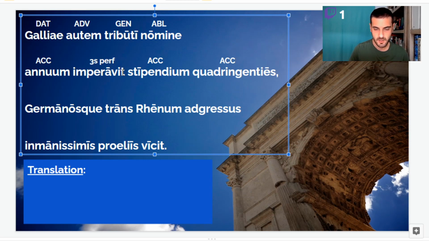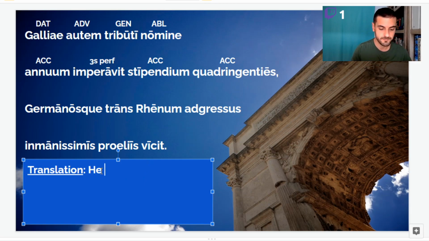So, kind of weird word order in this section, but basically, imperavit Galliae. Right? That's at the heart of it, is that he commanded Gaul nomine tributi, in the name of tribute.